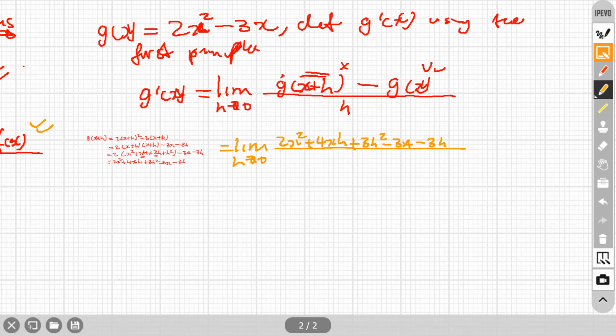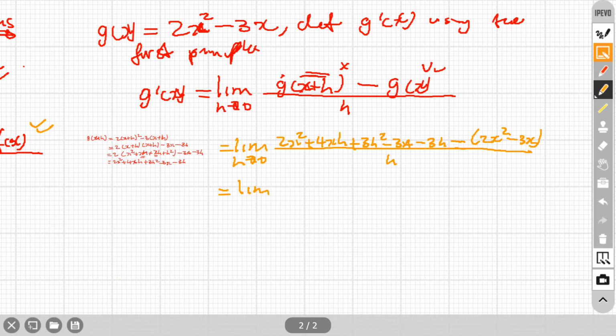Then all of this is going to subtract g of x, the equation of g of x in brackets, which is 2x squared minus 3x, all over h.